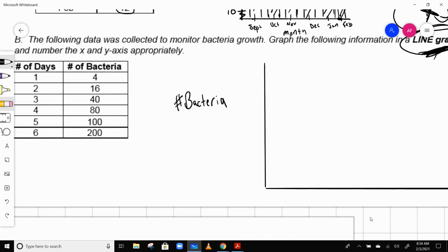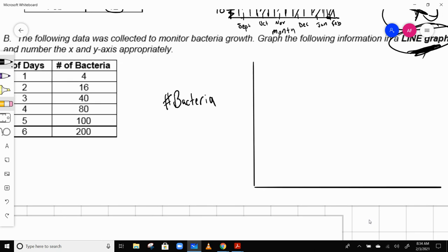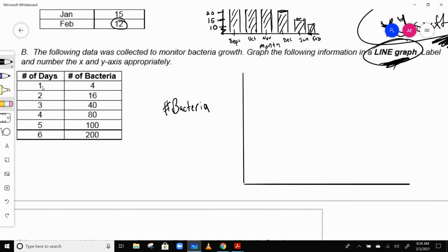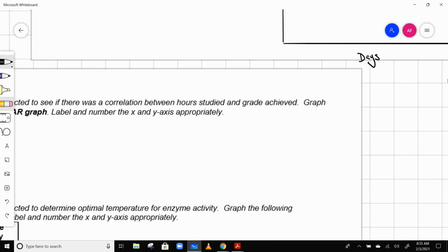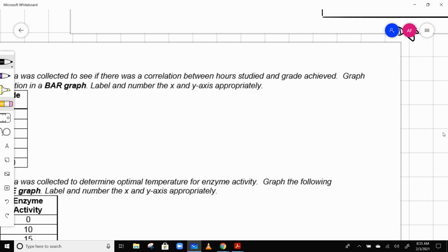Okay, so bacteria, and then the independent variable, the one that we determine, we're taking measurements every day. Okay, every day. So number of days. Typically, so like I should have made one with something different.